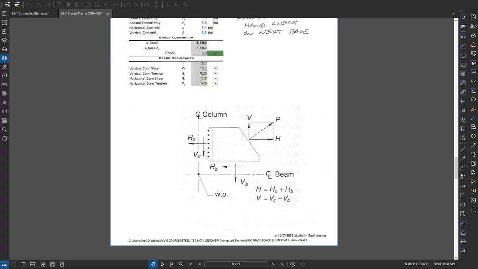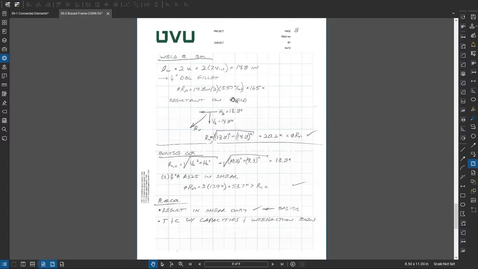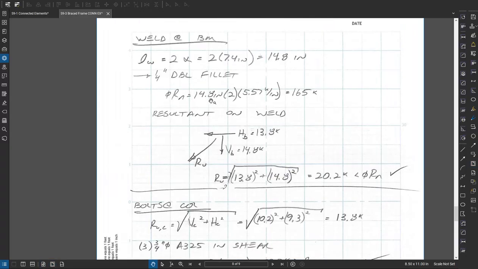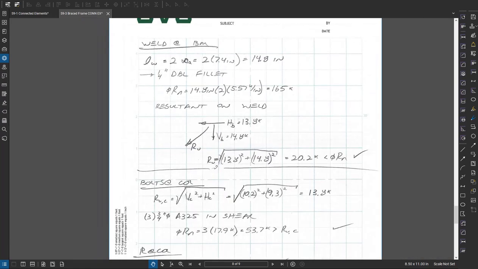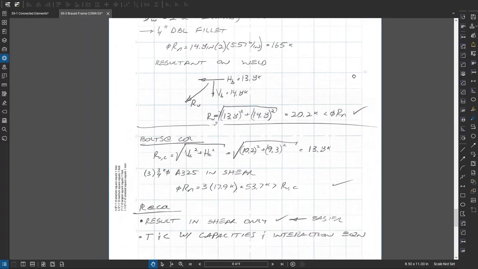I find the resultant, which is just the square root of the sum of the squares, 20 kips. Here's the weld calc. You'll see I have 165 kips of strength and only need 20, so that joint's plenty strong. It might not hurt to back this off on the capacity a little bit.